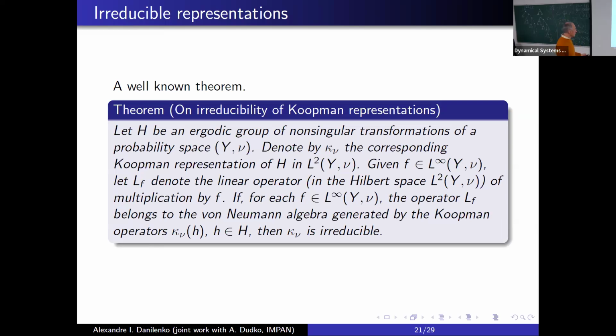And suppose that for every such f, the operator L f belongs to the von Neumann algebra generated by all Koopman operators. Then kappa nu is irreducible. It's very easy.